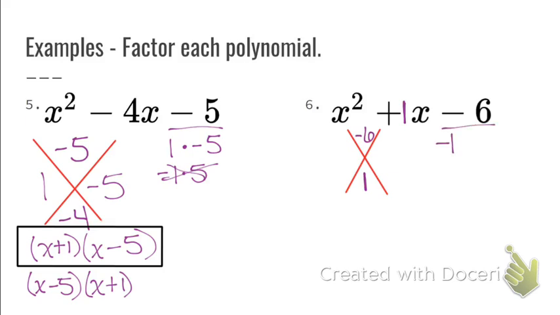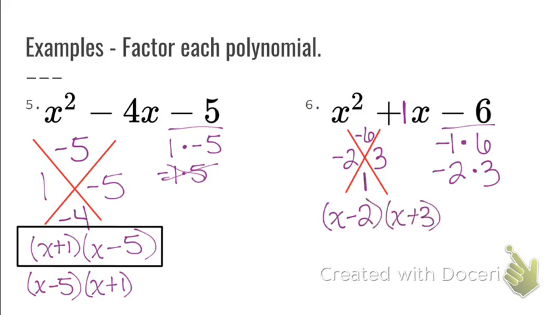So we could have negative 1 times 6, or we could have negative 2 times 3. The factor pair that would add up to a positive 1 is negative 2 and 3. So that helps us fill in our factors. X minus 2, x plus 3.